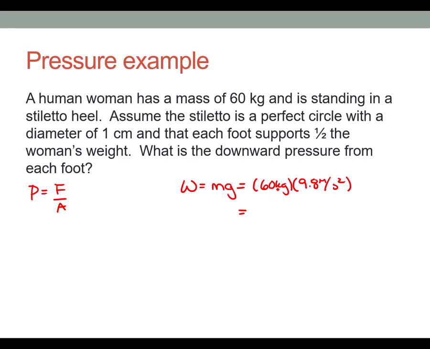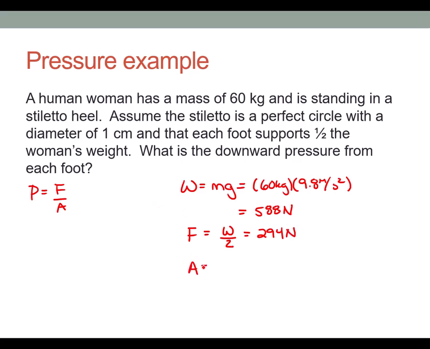This works out to be 588 newtons. But again, the force is going to be the weight divided by 2 because we're assuming that her weight is equally distributed between her 2 feet. So 588 divided by 2 gives us 294 newtons.